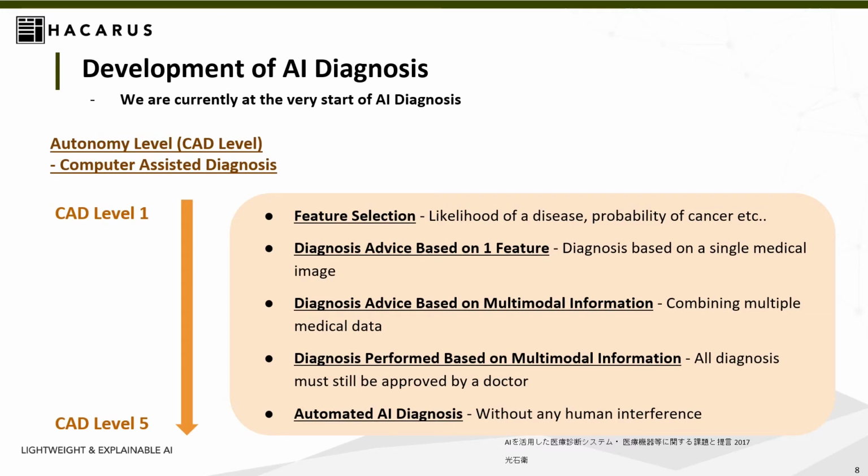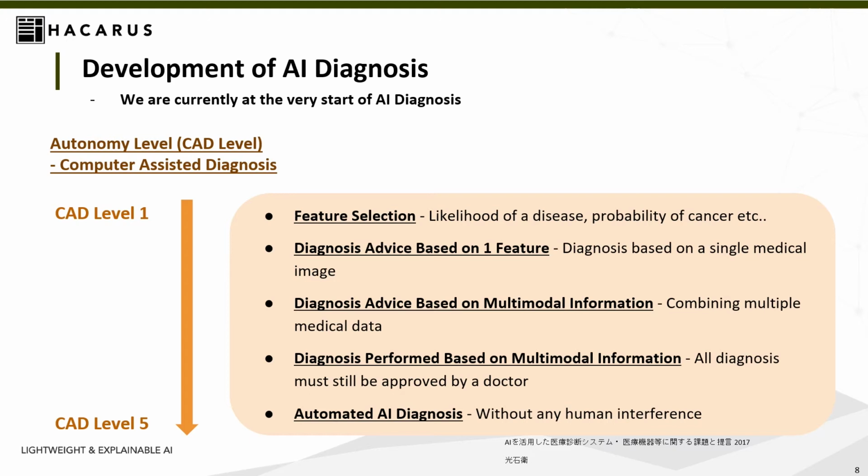Level 4 moves up to diagnosis actually performed based on multimodal information. However, in this stage, all diagnosis must still be humanly approved by a doctor. The fifth and final level is automated AI diagnosis, where diagnosis is performed without any human interference.